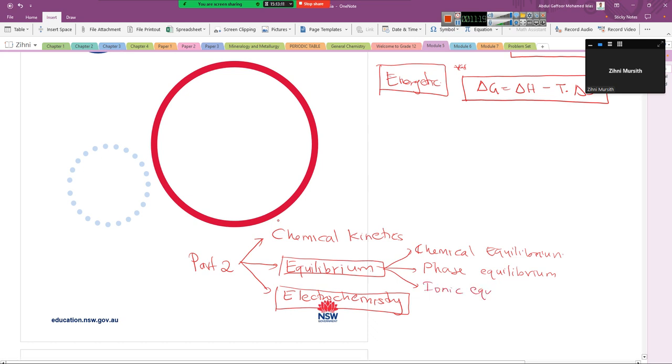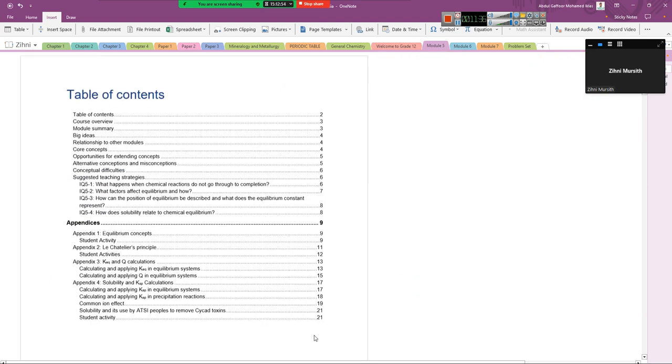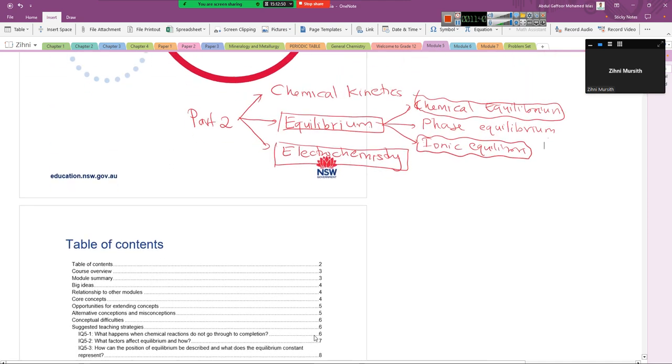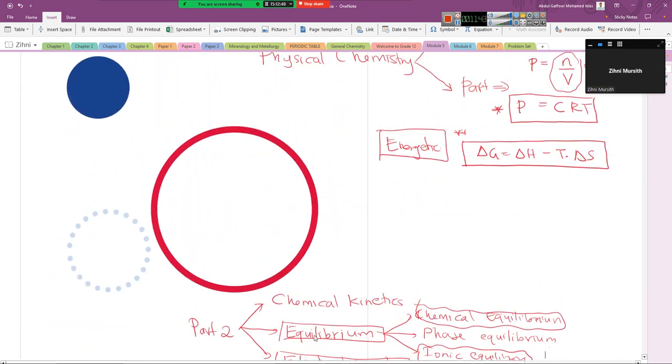What we are going to be interested in this chapter, module 5, is chemical equilibrium and ionic equilibrium. But we will not be focusing on phase equilibrium because the components are not given here. So we will be focusing on chemical equilibrium and ionic equilibrium only.